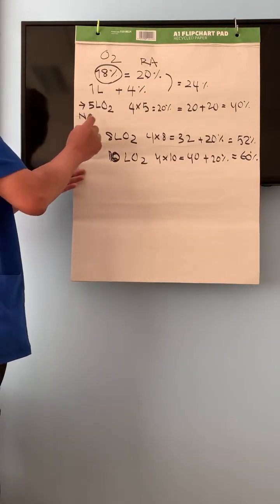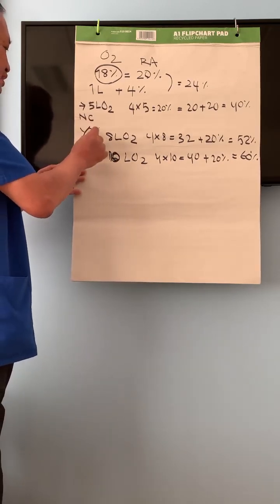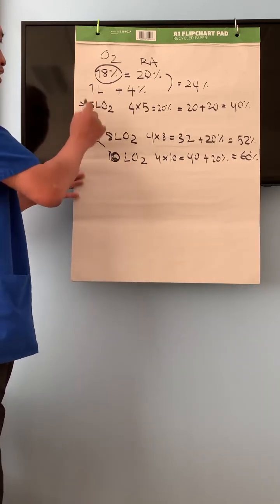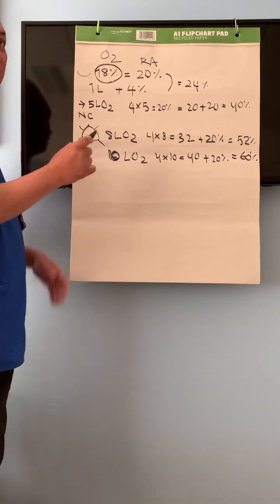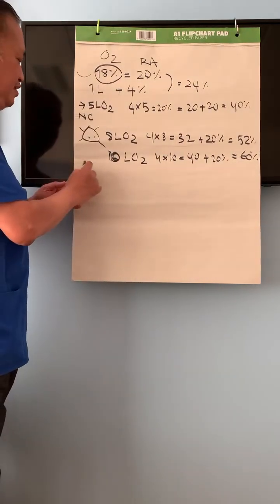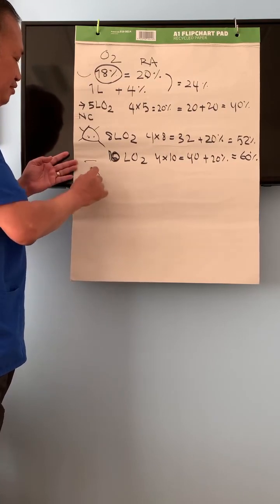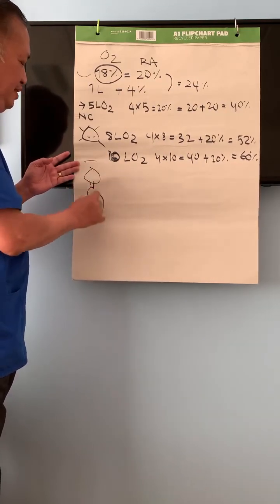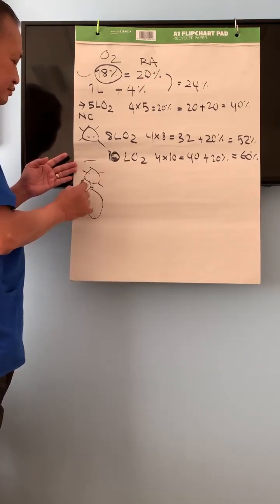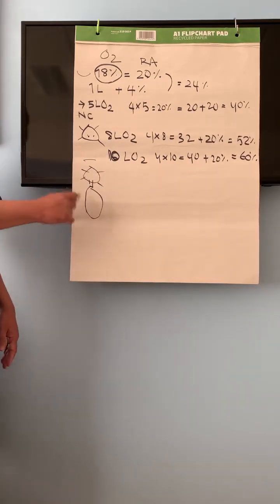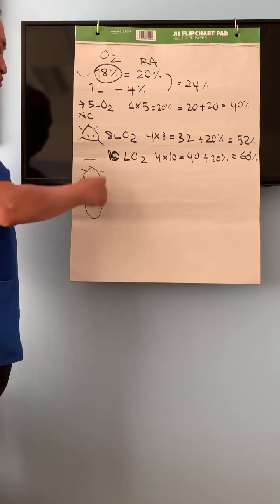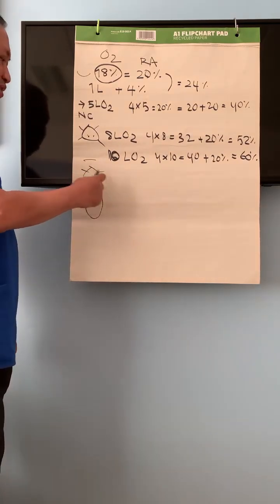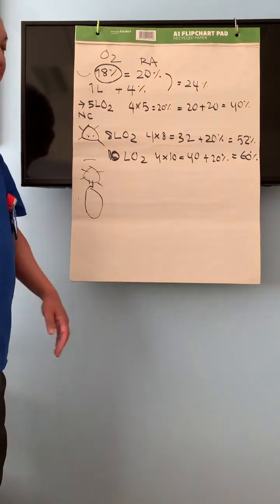So 5 to 10 liters, we use the nasal brown mask. 1 to 5 liters, we can use the nasal cannula. Beyond 10, we need to use the non-rebreathing mask, because there is a reservoir there, so whatever amount can stay there without wasting anything.